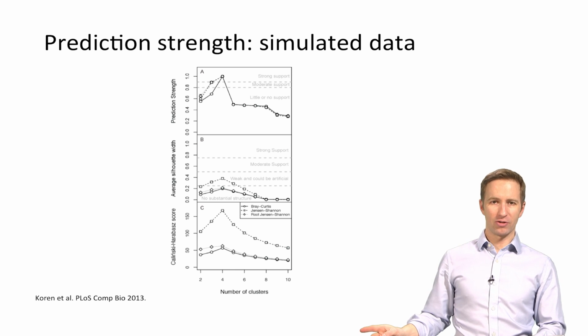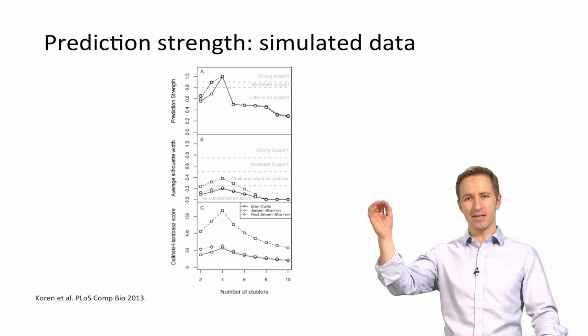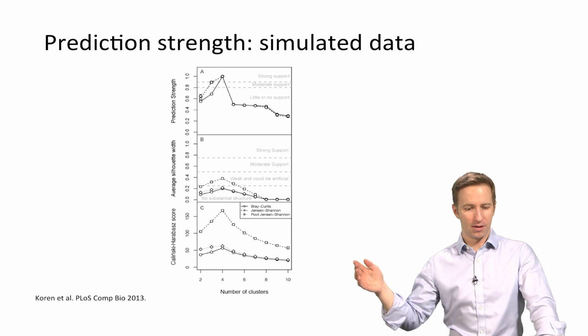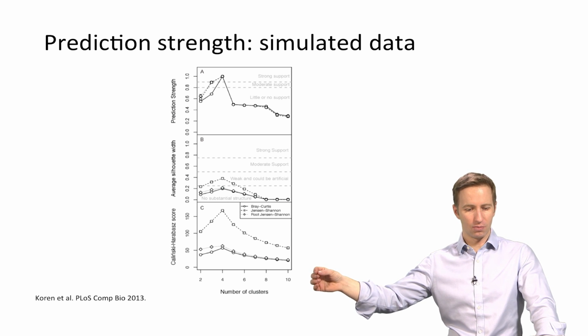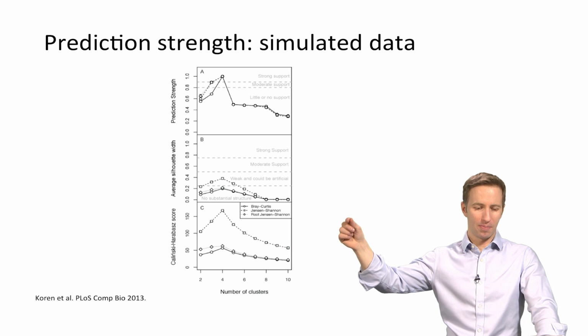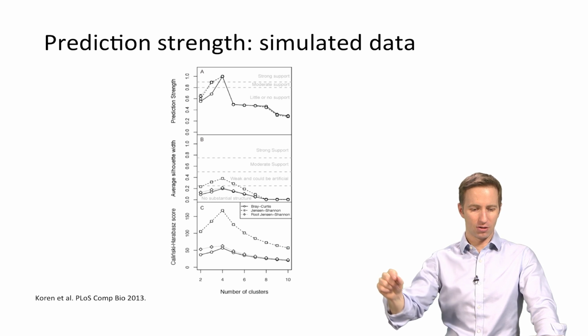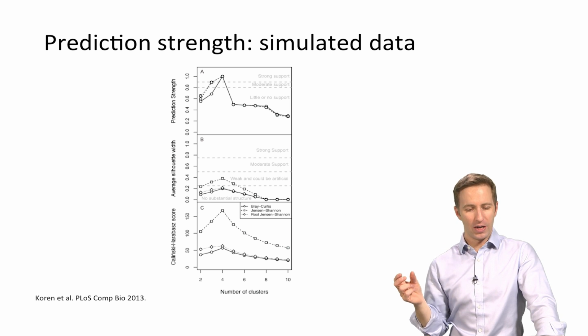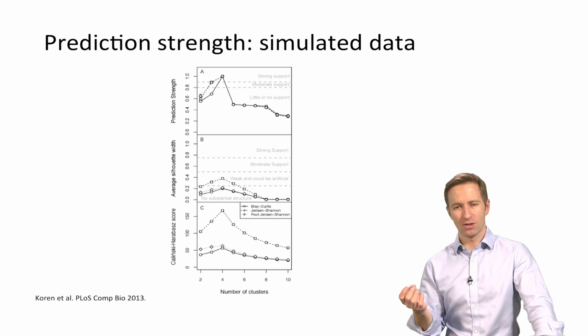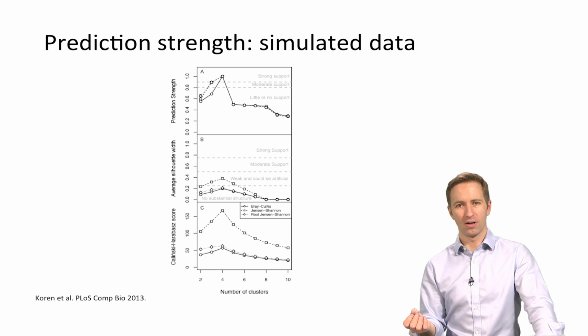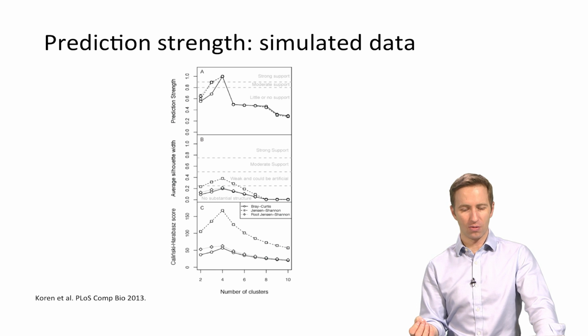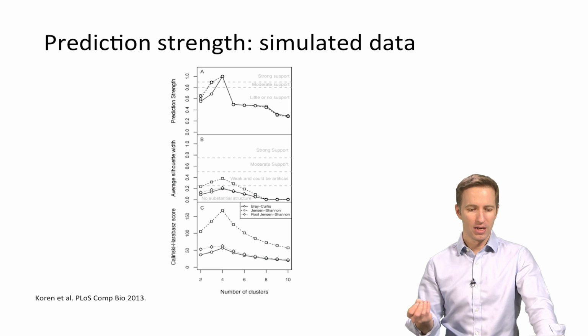All 3 of these metrics show a peak at 4 clusters. You see 2 clusters is worse, 3 clusters is a little bit better, 4 clusters is best, and then it starts going down again. But only prediction strength here gives a quantitative score for the absolute quality of the clusters that tells you that there are indeed clusters.